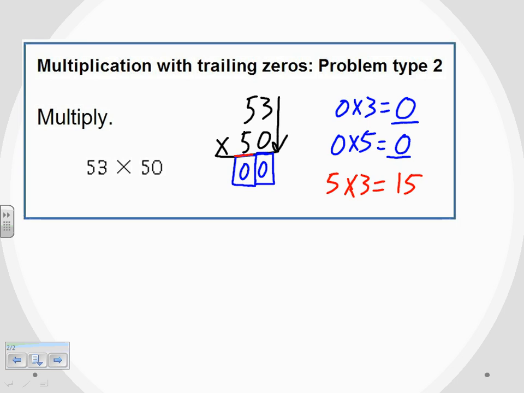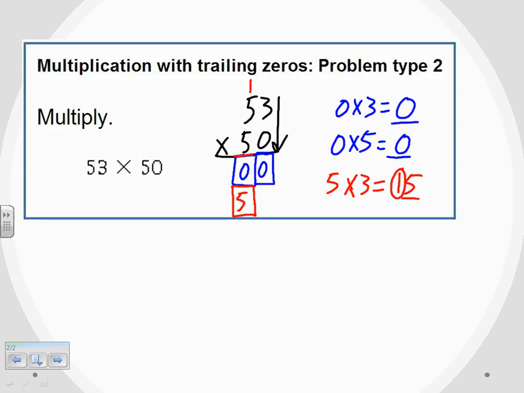And since I'm multiplying by the 5, I want to start off immediately below that 5. So it's kind of staggered over. I'm putting it directly below the 5, and I can only put the digit on the right, which in this case is also a 5. That 1, this one right here from the 15, is going to have to get carried over to that next digit to the left.